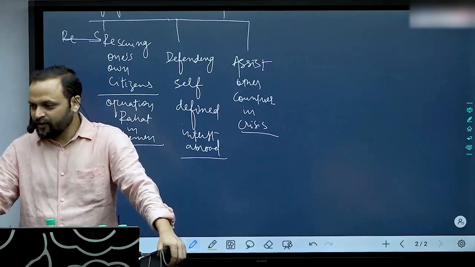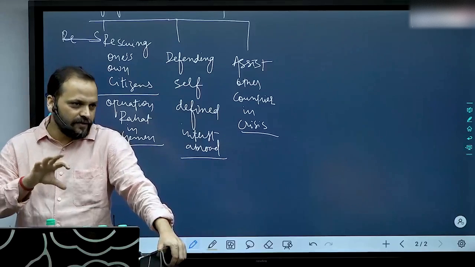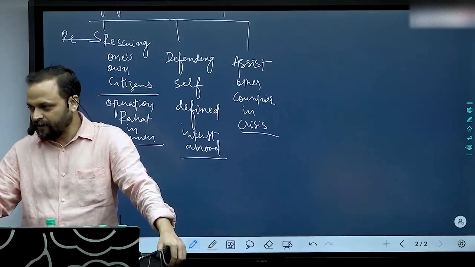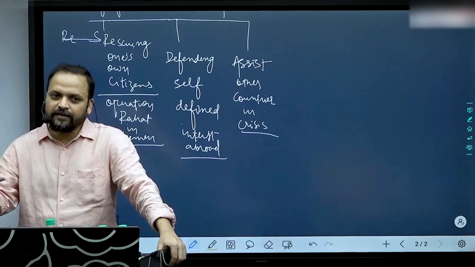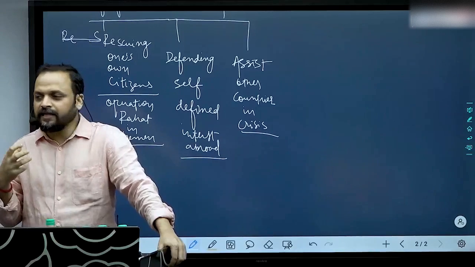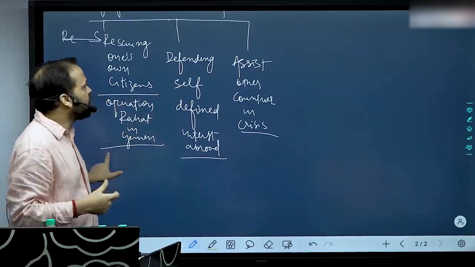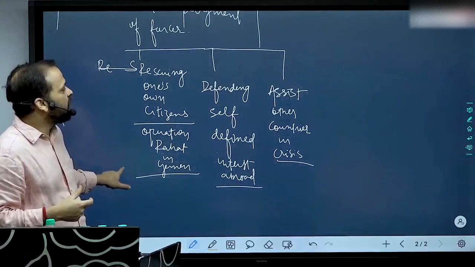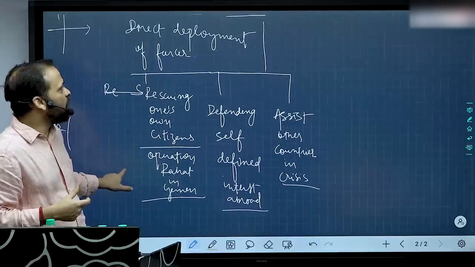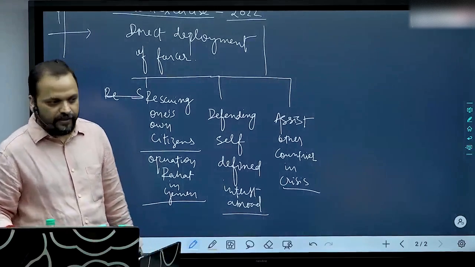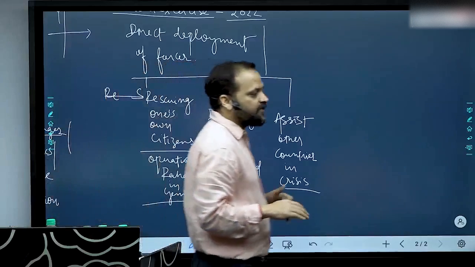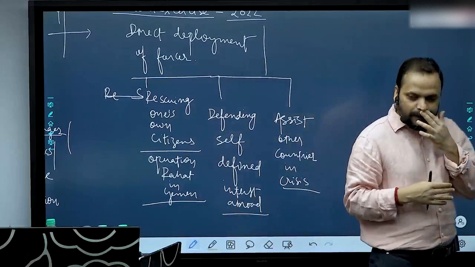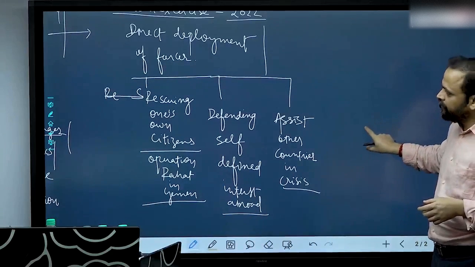And thereby, we have been reluctant in this last option, right? We don't generally prefer direct deployment of forces, saving some extreme conditions, all right? So generally this is where we are weak.